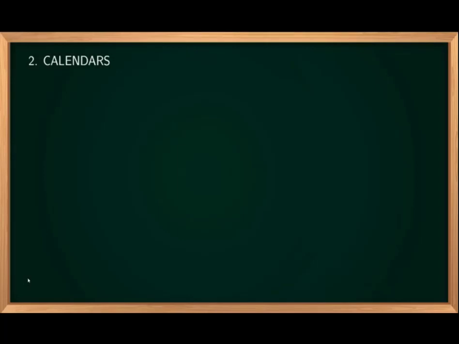In a calendar, number of days in an ordinary year equal to 365 days.